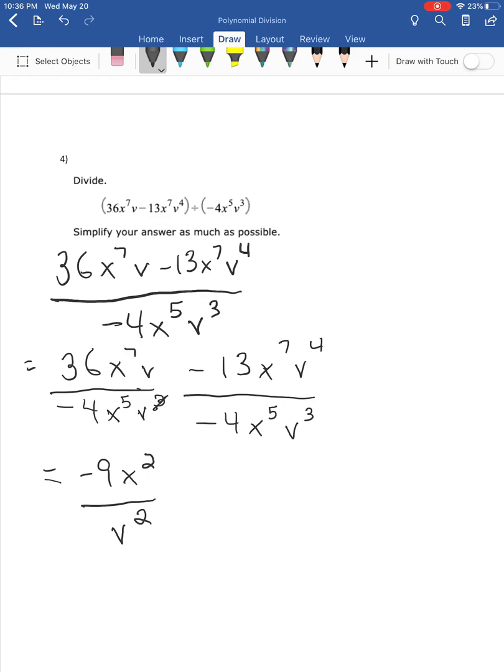Okay, all right, on the right side, negative 13 over negative 4, all we can do is change to a positive. 13 over 4 does not simplify. X to the 7th over x to the 5th is x squared. V to the 4th over v to the 3rd is just v. And that's all that there is to it.